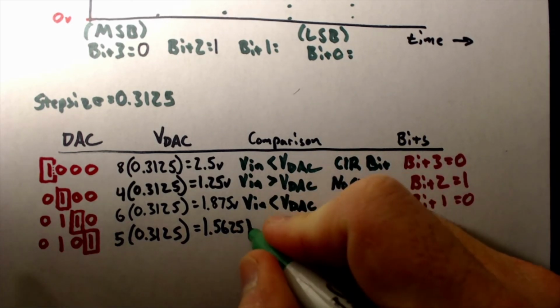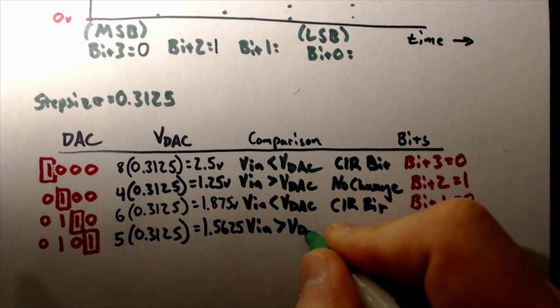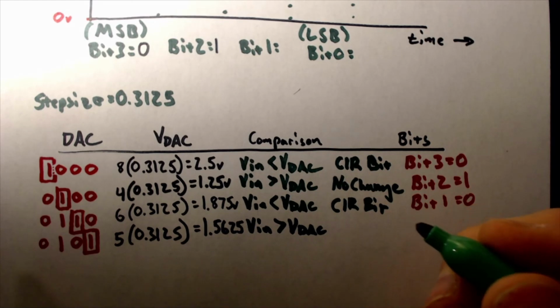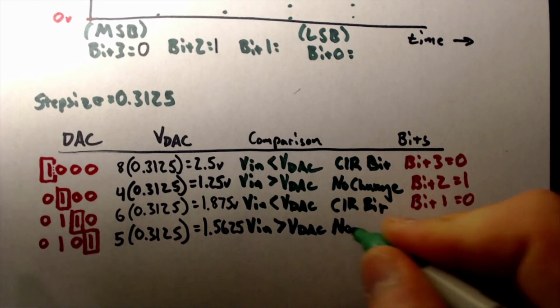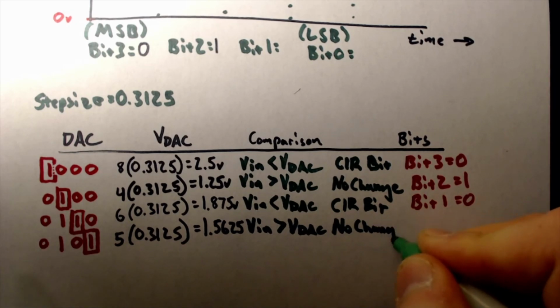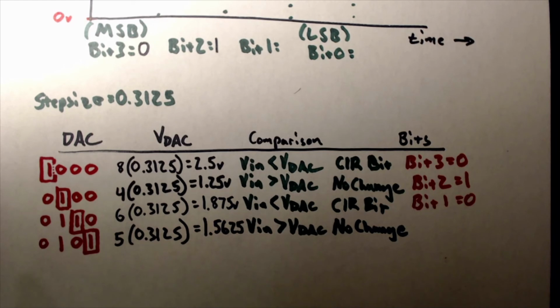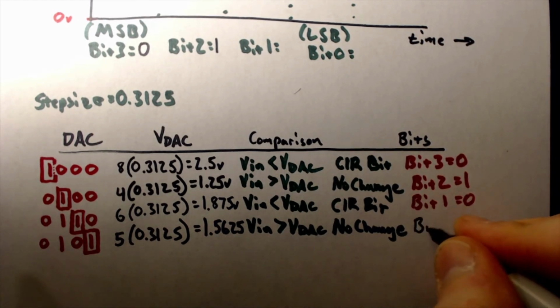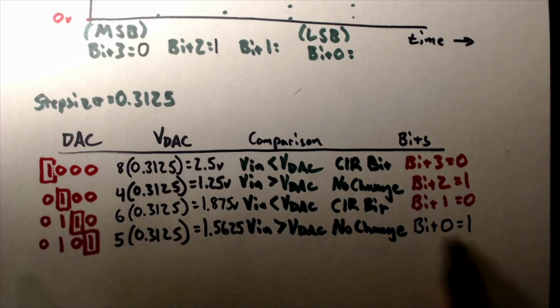So now Vin is greater than VDAC, and when that's the case, no change. So bit 0 is equal to 1. Should have drawn that in red.